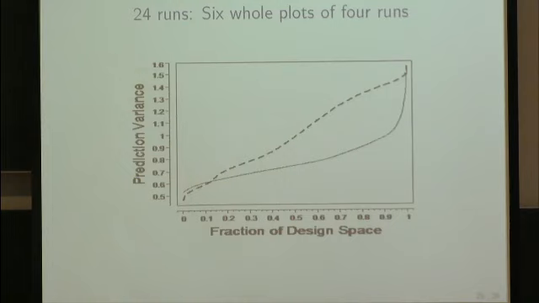So we can see that in general, our designs behave better in terms of prediction variance, except for the last 10% of the design region. In general, we can say that the D-optimal design has a smaller minimum prediction variance and a slightly smaller maximum prediction variance.